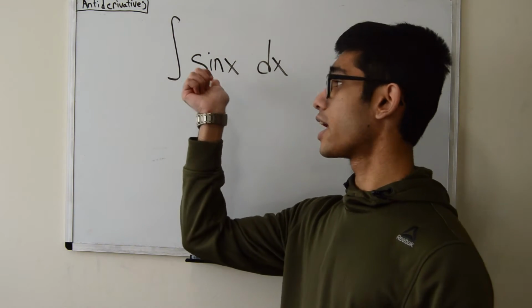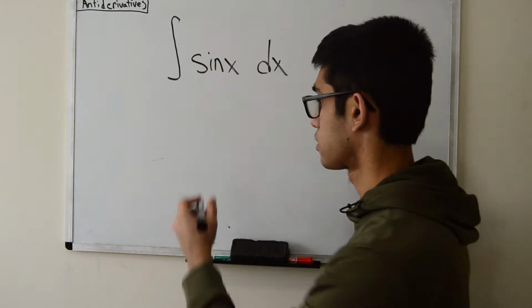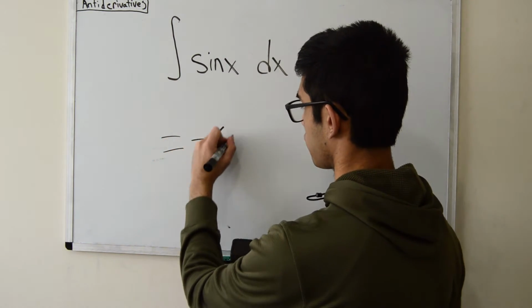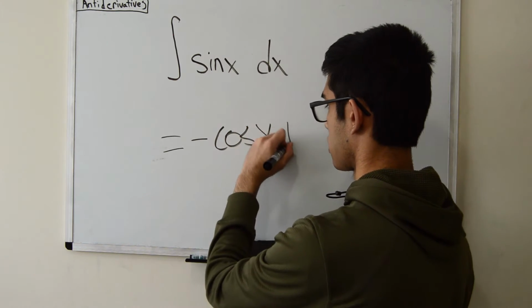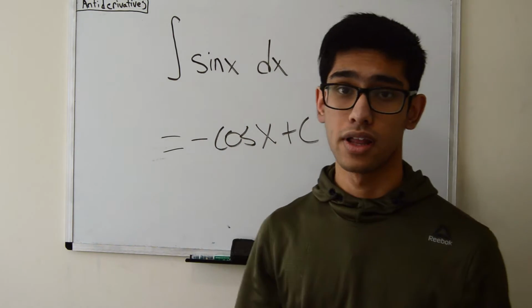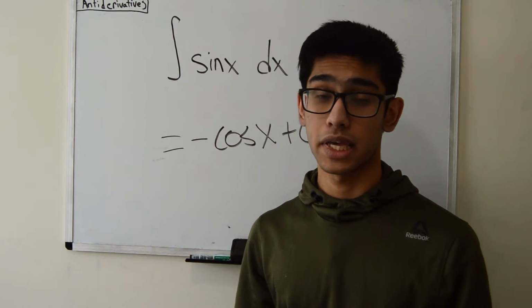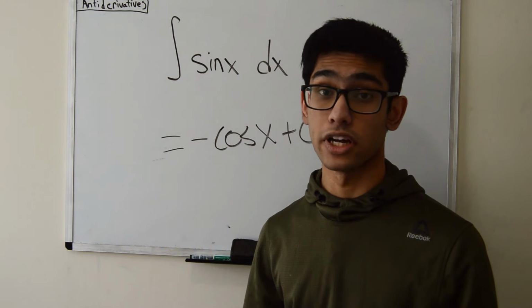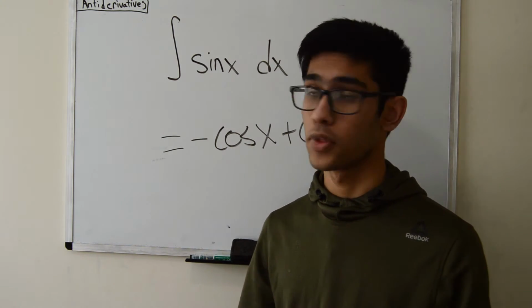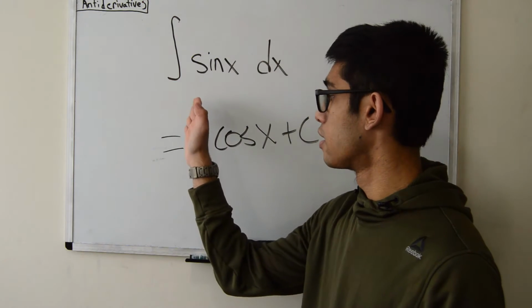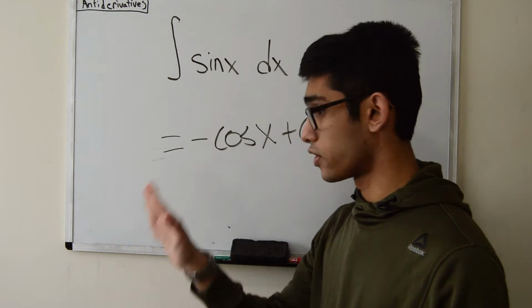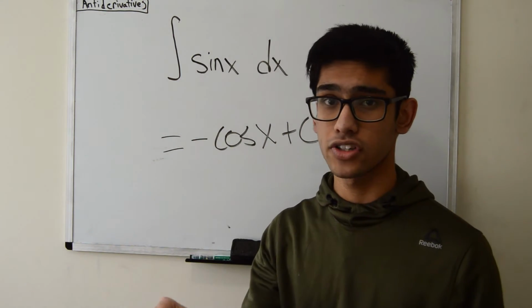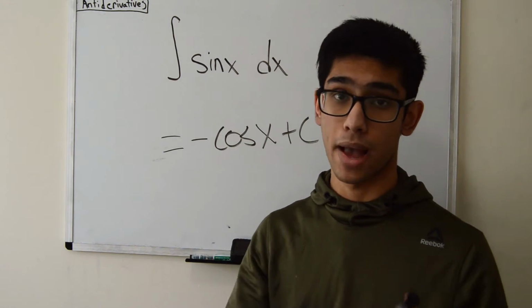So if we're taking the integral of positive sine x, we will get negative cosine x plus c. Alright? Hopefully you're able to follow this. All I'm doing, again, is just doing the opposite of differentiation. I haven't done anything new. Instead of taking the derivative of a function, we're taking the antiderivative. We're going backwards.